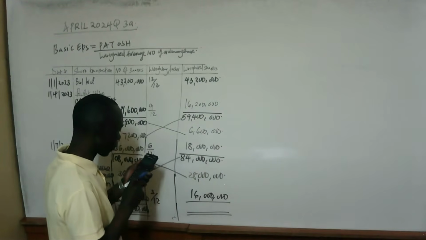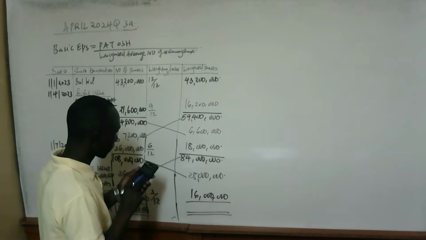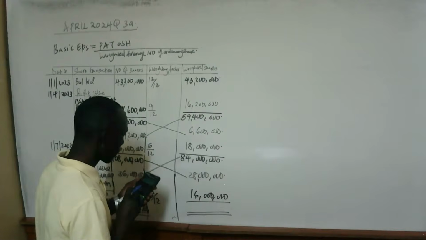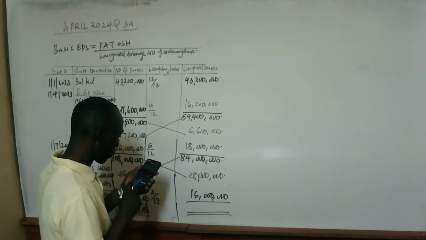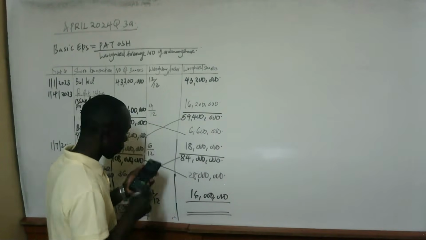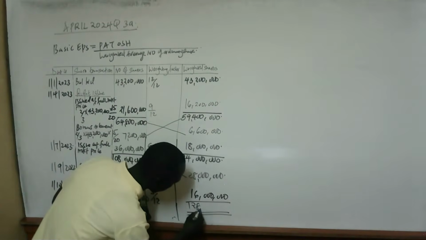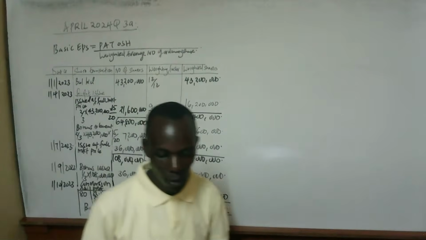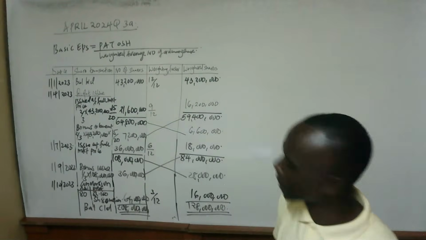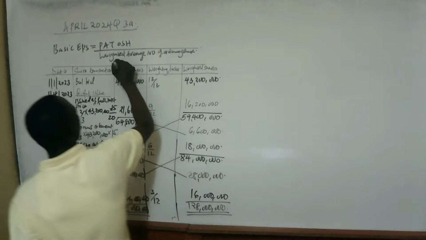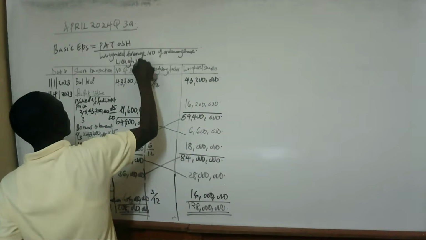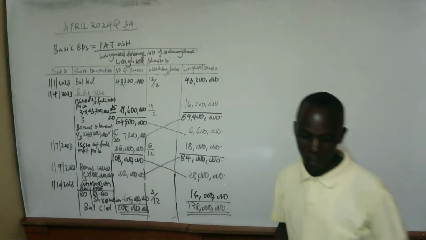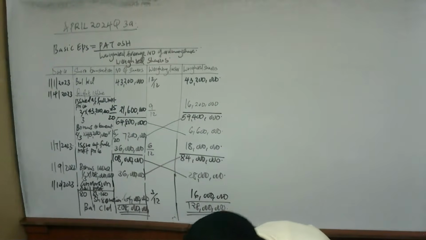And therefore we have 128 million in this case. So that is what you are going to have as the weighted shares. Whatever we have computed is the weighted shares. That is how we are supposed to compute the weighted shares.